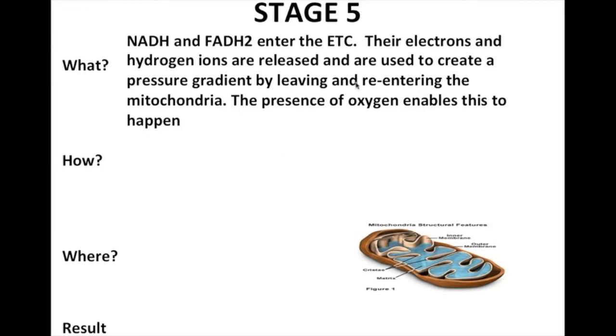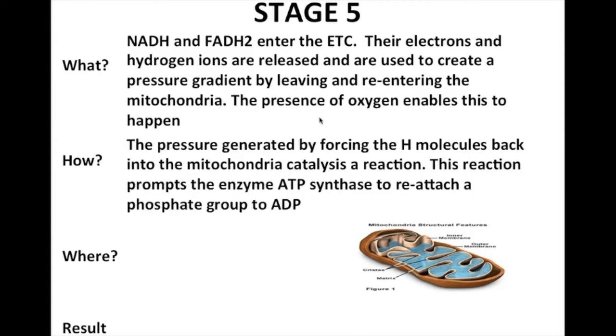And in order for them to be pushed along and for this process to happen, we need oxygen. So that's ultimately why we need to breathe, because if we didn't breathe, we wouldn't be able to have this process.